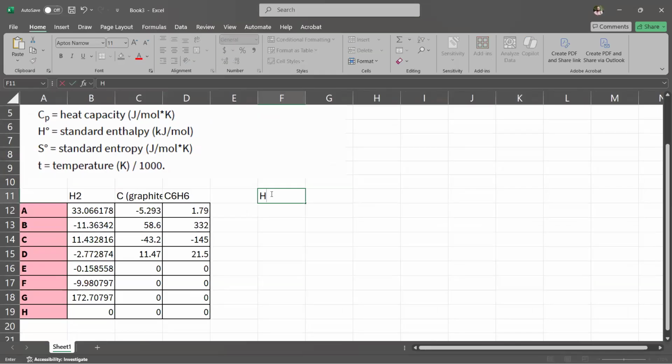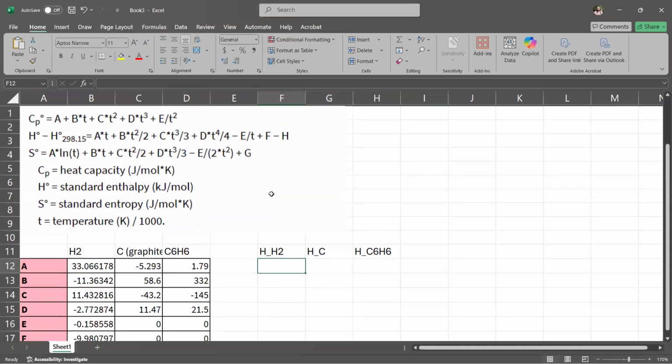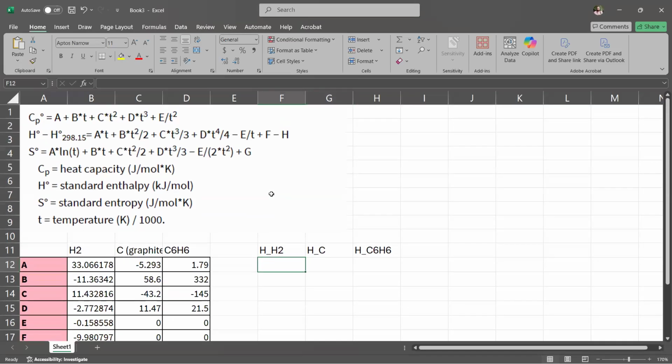Okay. So we'll now create new columns. We want to calculate the enthalpies, right? So we'll calculate the enthalpy of H2, the enthalpy of C, the enthalpy of C6H6. The equation's right here. All we have to do is just plug and chug.